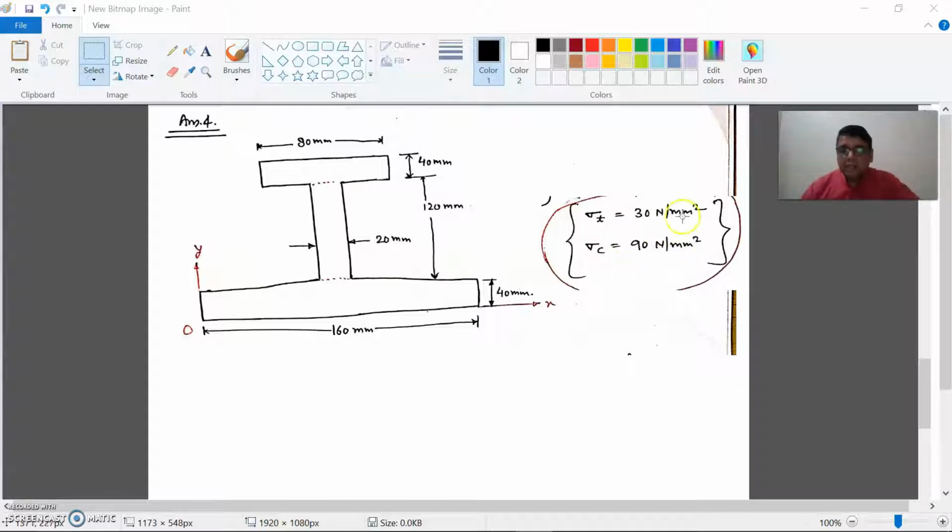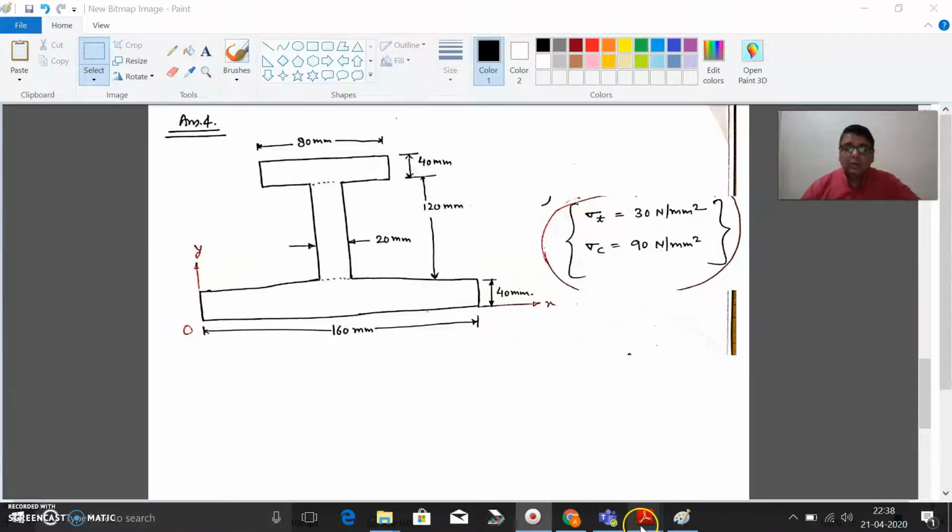See, actually this version of writing is not correct. It is wrong. You should not write it. Earlier I had not written it like that, but then I copy and pasted it to Paint and written it in this manner, so that this is the version of the 70 to 80% of students, if they try to solve this numerical, that they'll write down that sigma t is 30 and sigma c as 90, whereas actual scene is not like that.